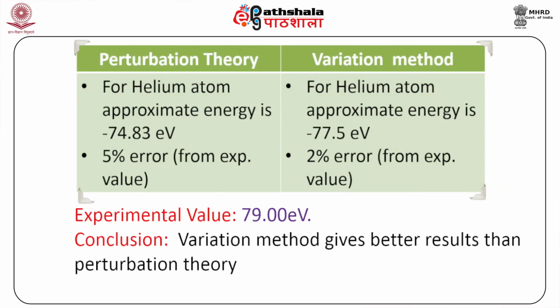Comparing the results of perturbation theory and variation method with experimental energy value, which is 79.00 electron volt, brings to our notice that the variation method gives better results than perturbation theory.